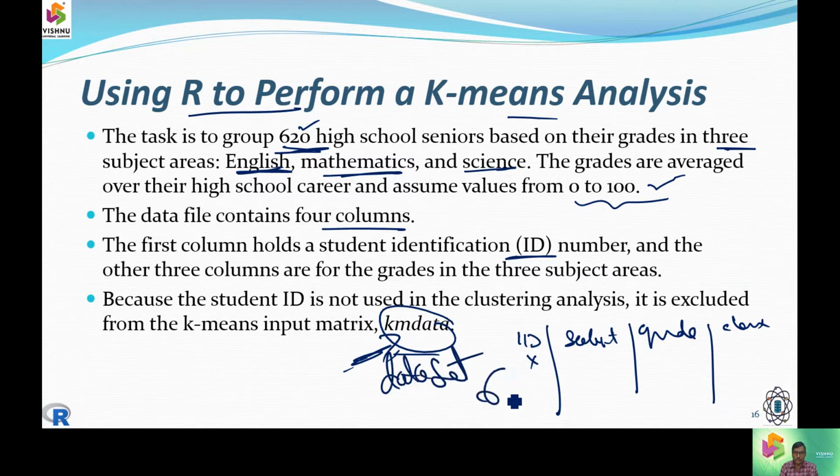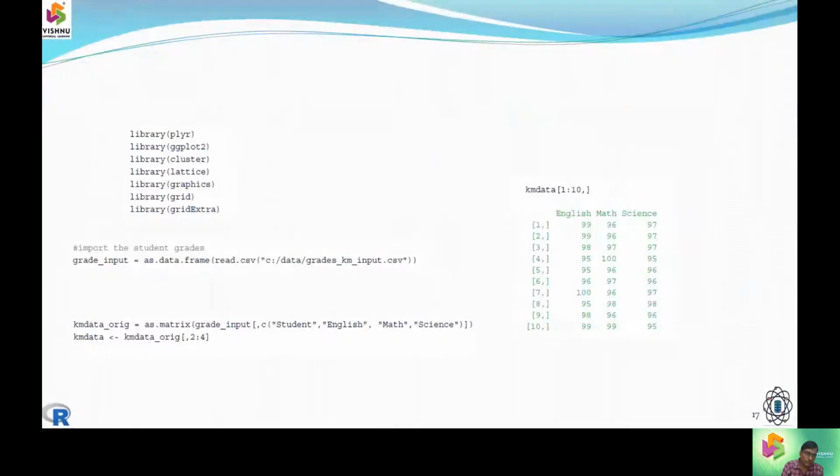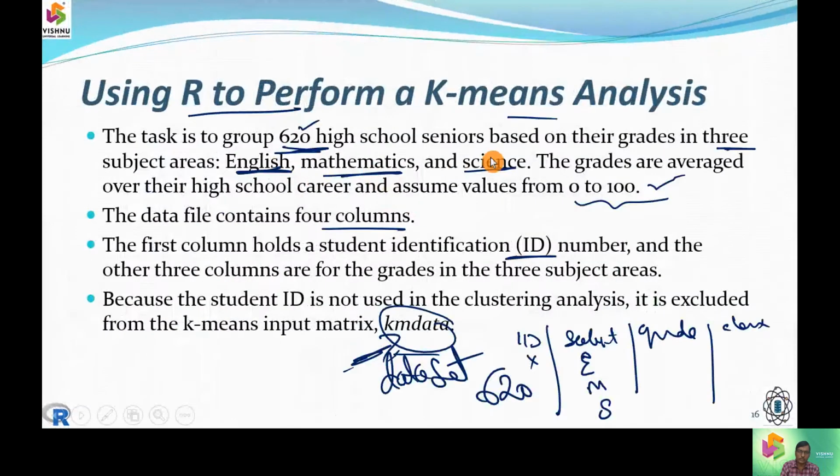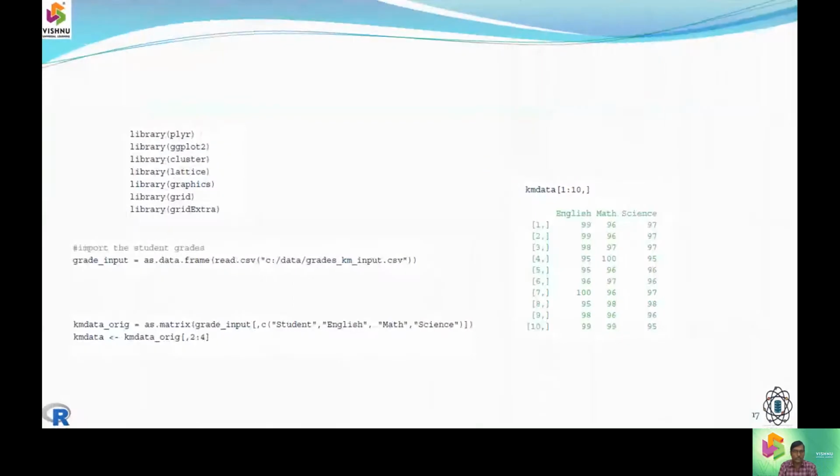So in this data set, we are going to have 620 rows, and the subjects will be English, mathematics, and science. So in order to build these clusters, to divide it into English, mathematics, and science, I need some clustering method.